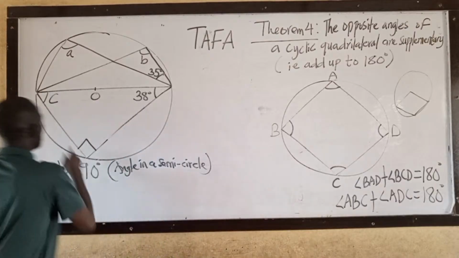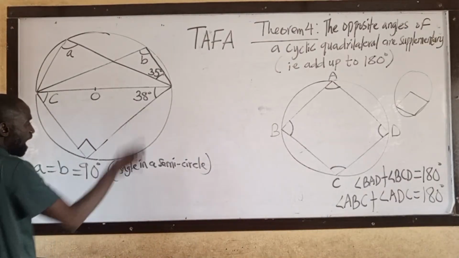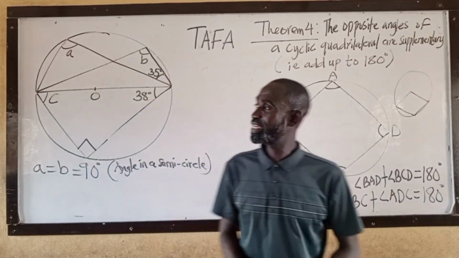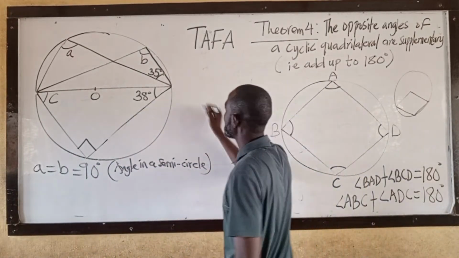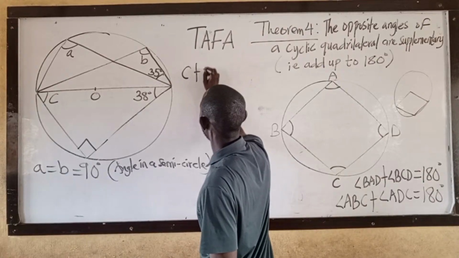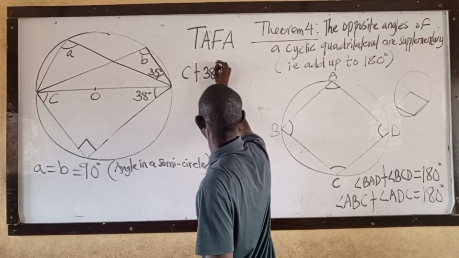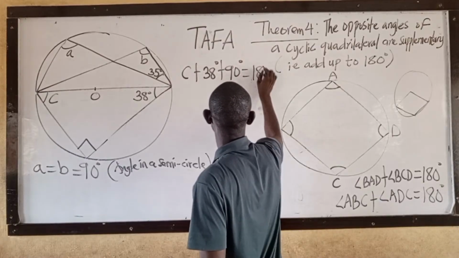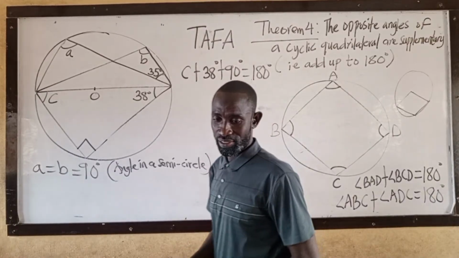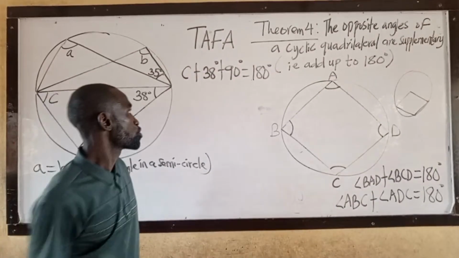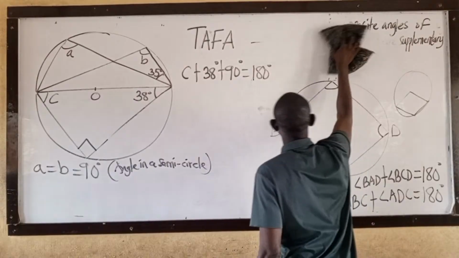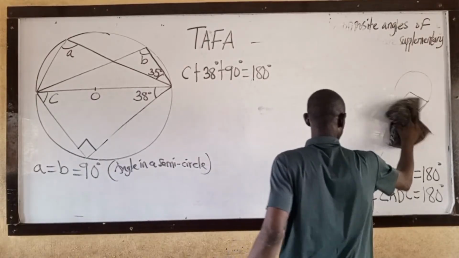Are you with me? And the sum of angles in the triangle is 180 degrees. So we can say our C plus 38 plus 90 equals 180 degrees. What's the reason? Sum of angles in the triangle.